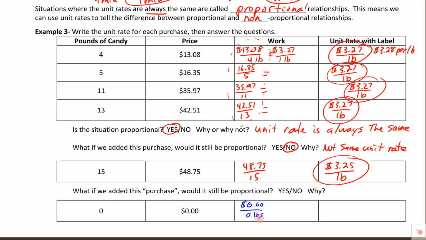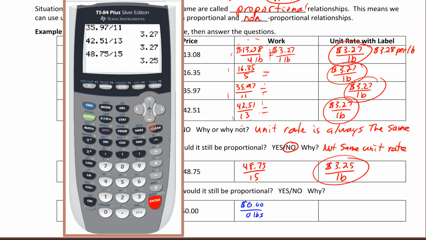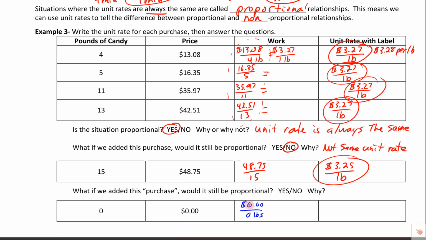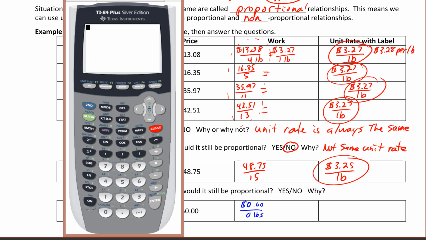Now, if we tried to show some work for this, and I'm hoping you've got this figured out by now, this is something that you've got to keep track of. Most people know that there's a problem when we're dividing by 0, or when there's 0 in a division problem, but they forget where it is. The problem here is the 0 in the denominator. So if I did 0 divided by 0, I end up with an error, okay?